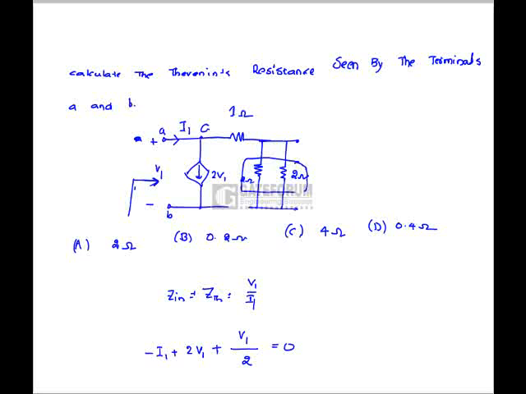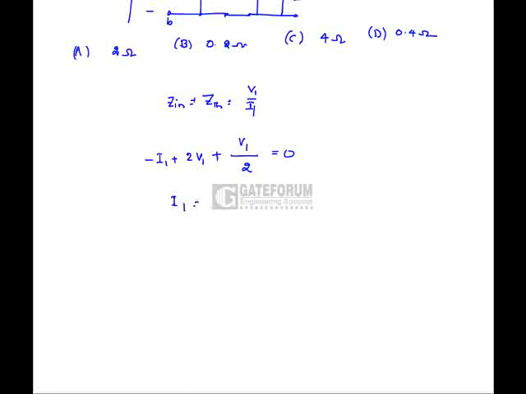This is the parallel combination, which is nothing but 1 ohm. So I1 equals 2 plus 1 by 2 times V1. Here V1 by I1 is nothing but 5 by 2 V1, that is 2 by 5 ohms. Hence option D is correct.